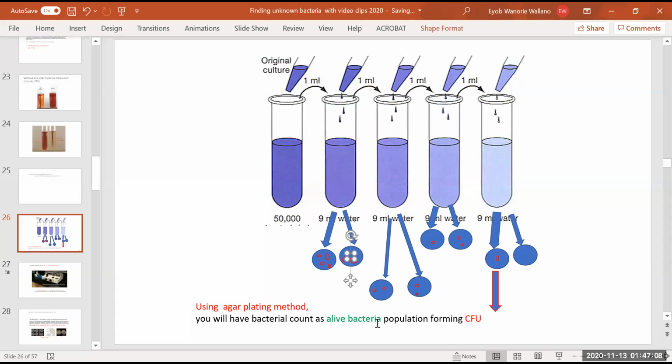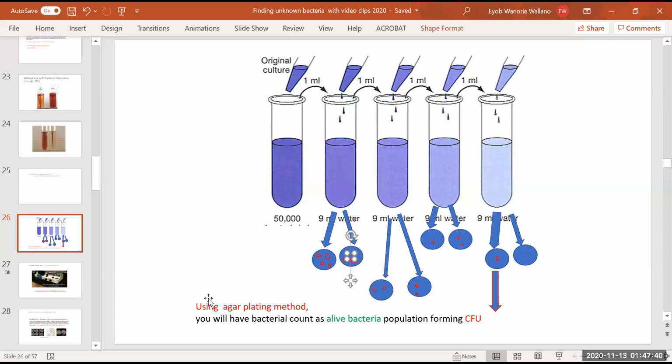So when we say colony forming, you need to know the bacteria is alive. Going further, there are going to be fewer and fewer. It doesn't matter about the dilution, but there are colonies there. Colonies are the product of alive bacteria, not dead bacteria. You need to know it. I can ask you by a true and false question also.